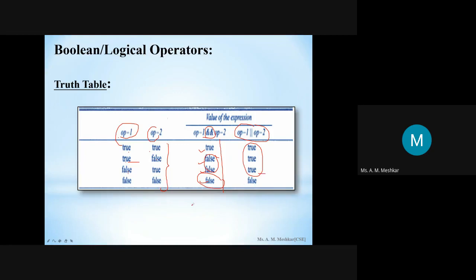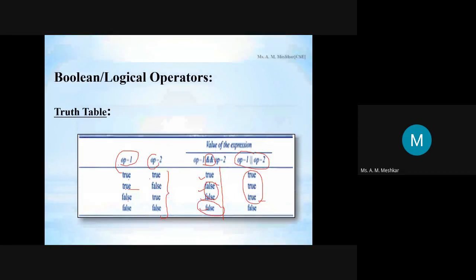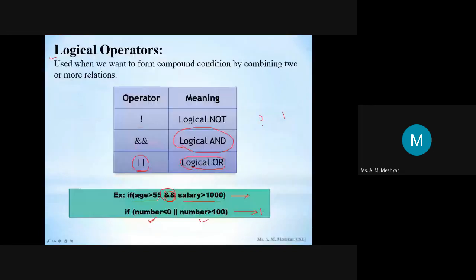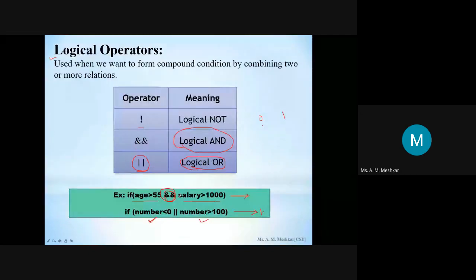So what is the case if age is greater than 55 and suppose the salary amount of a particular person is not greater than 1000, then this will return the result as false. This is the meaning of this. So if one of them is false, the result is going to be false. And in case of the logical or, this is the first conditional expression, this is another conditional expression.